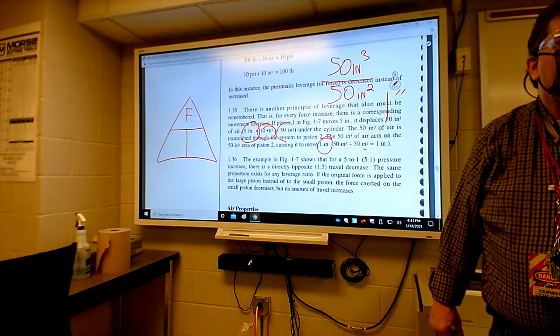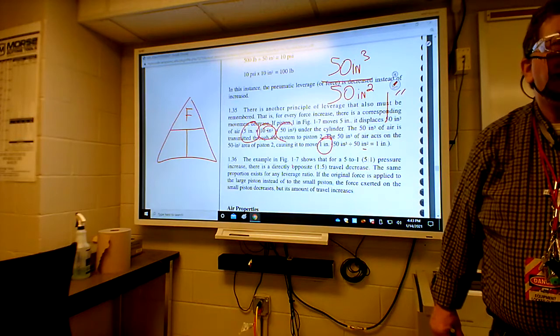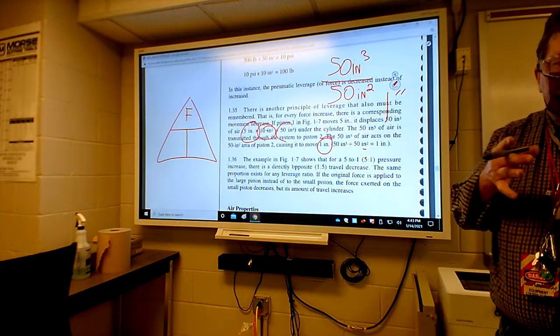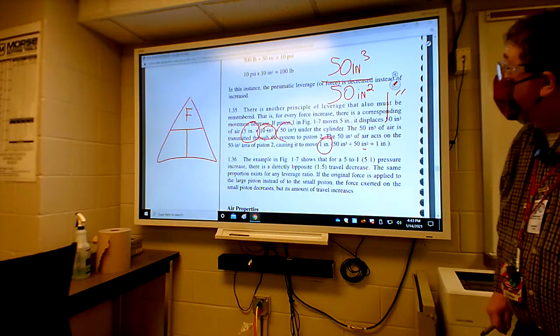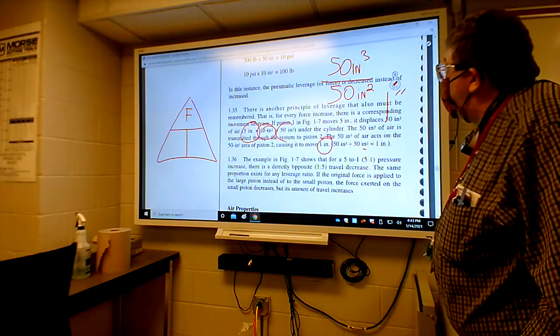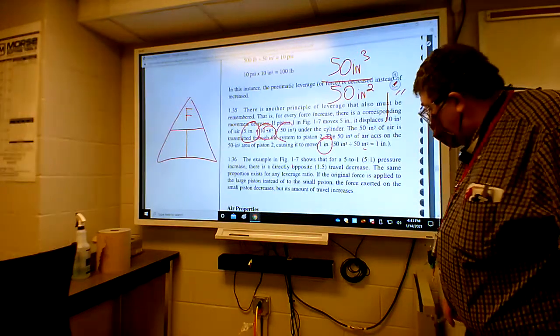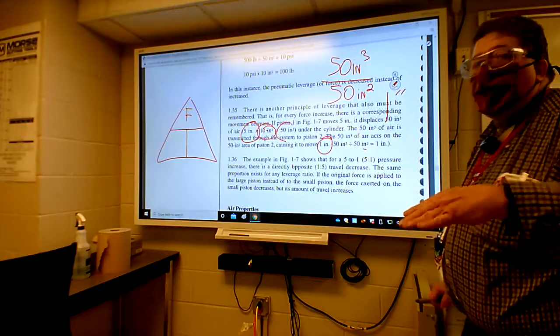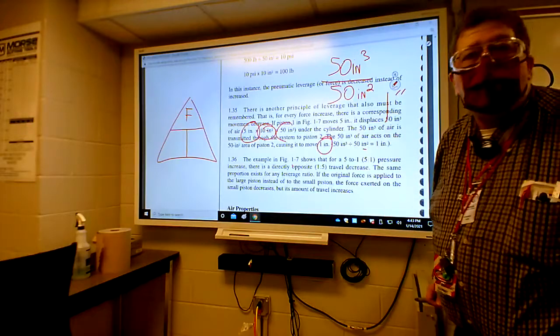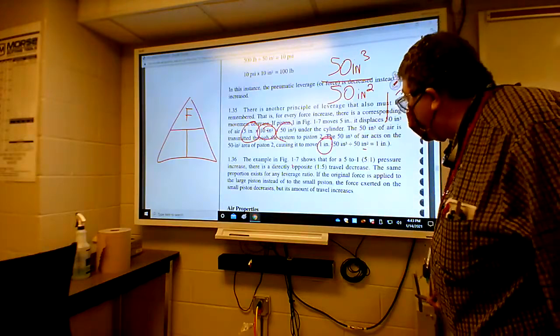So that's how they divide that out. They take the volume divided by the area of that second cylinder, and it ends up with a stroke length, a travel of 1 inch. So that's how they can predict on paper how far something's going to move before they even build the equipment.